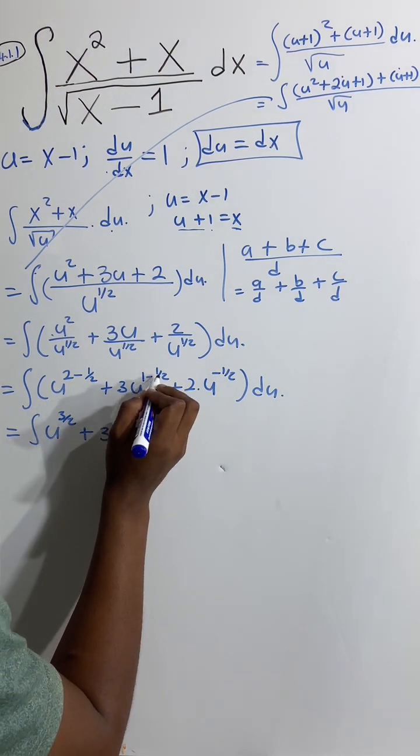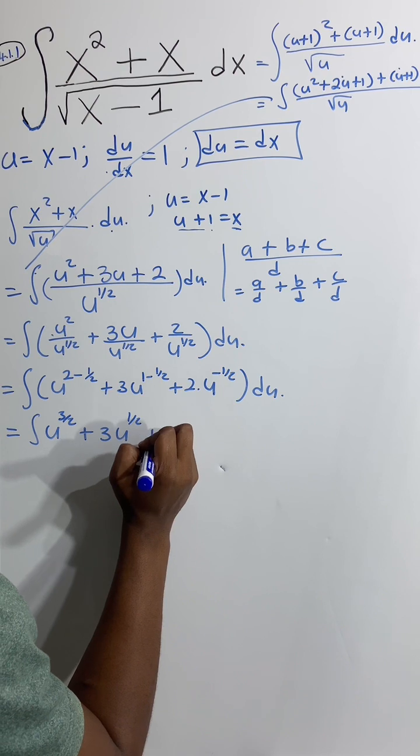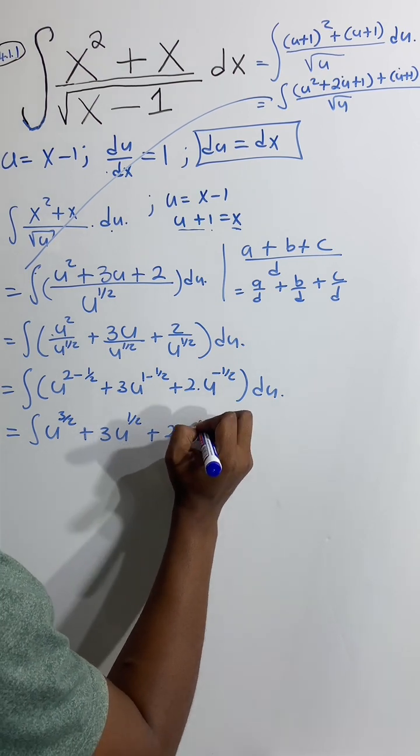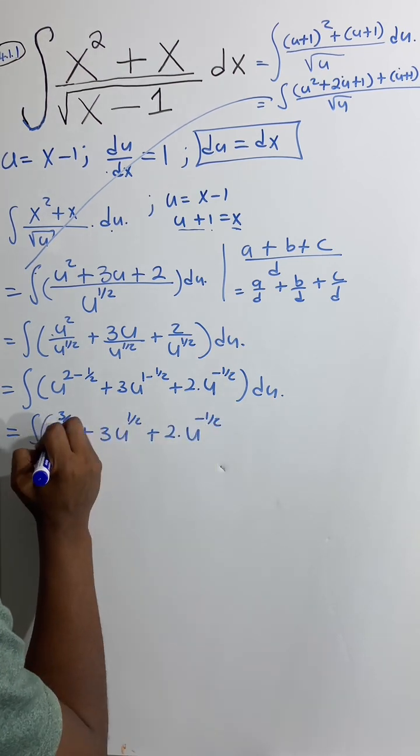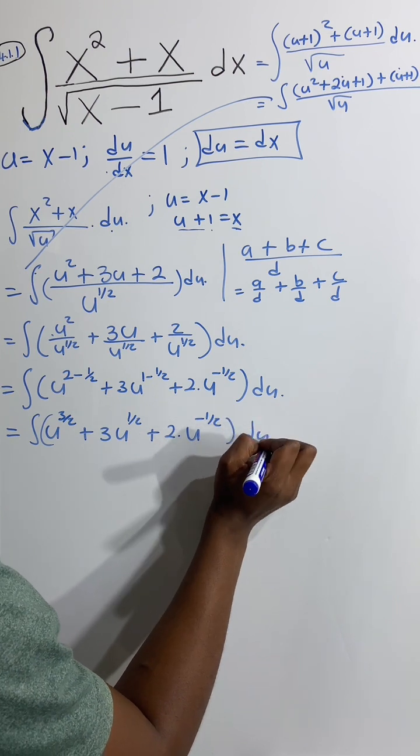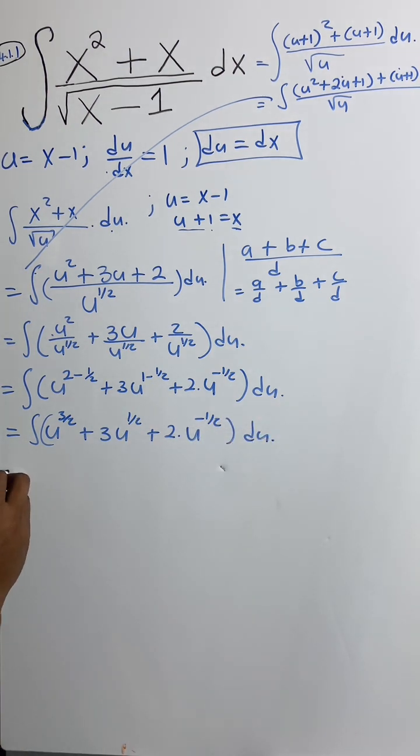From here, 2 minus 1 over 2 is equal to 3 over 2, plus 3 times u to the power 1 minus 1 over 2, which is 1 over 2, plus 2 multiplied by u to the power negative 1 over 2, du. So now we integrate.